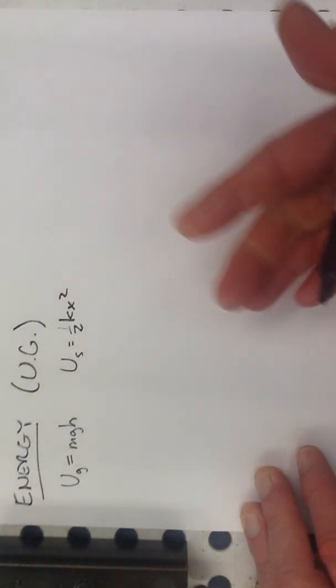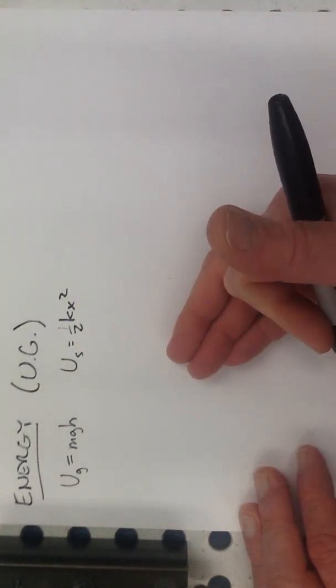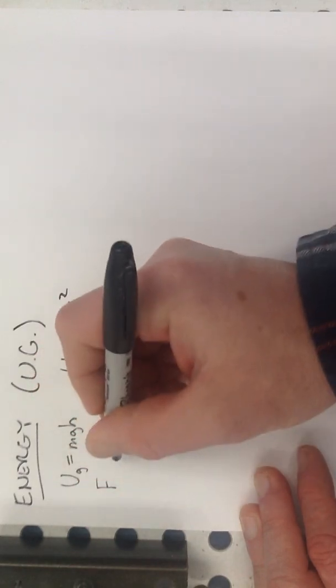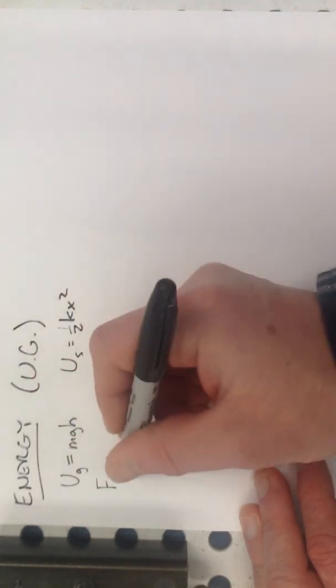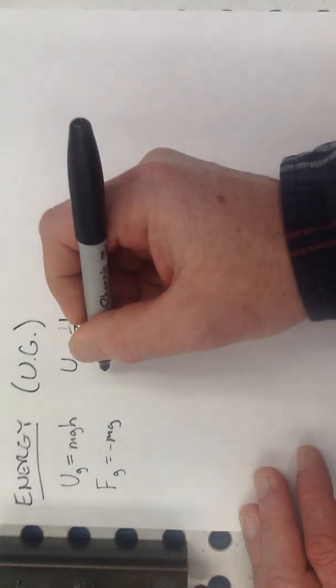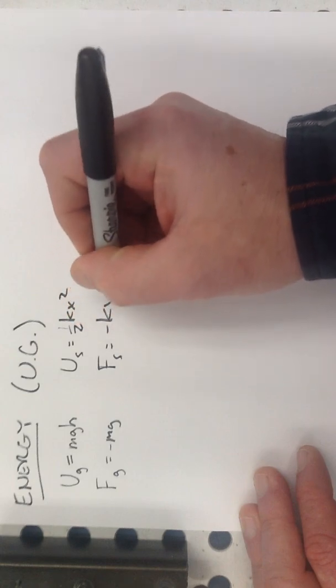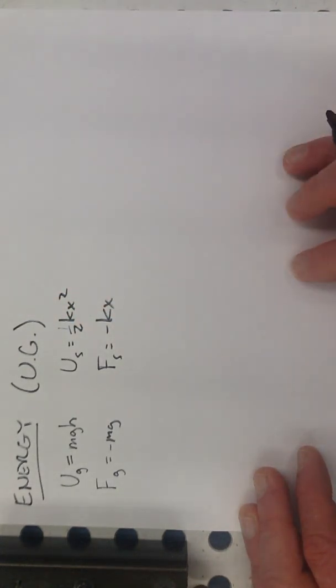Sometimes we're given some potential energy function. We can use that. And I want to remind you also that, of course, local gravitational force is negative mg, and spring force is negative kx for an ideal spring.